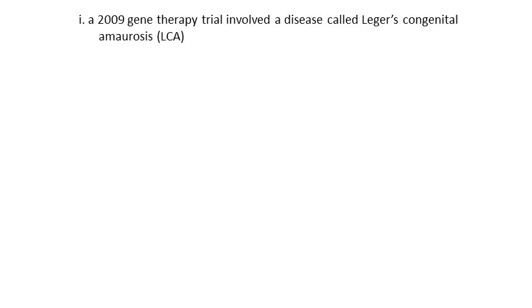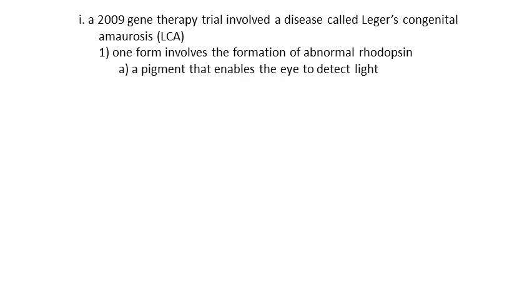Well, in 2009, there was a gene therapy trial that involved LCA. Now, what happens in the case of LCA, or one form anyway, is that it has to do with the development of abnormal rhodopsin. And rhodopsin is a pigment, and it enables the eye to detect light.